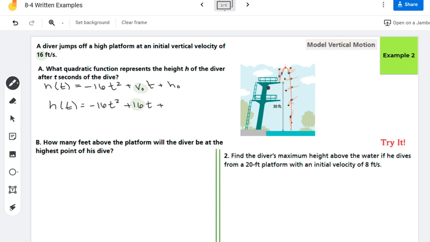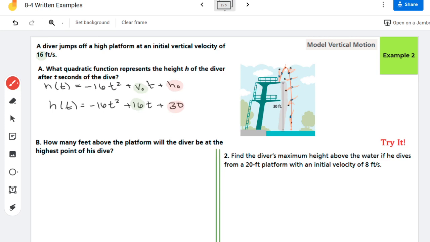So this is where I'm relying on their image, their picture. You could see the height of the platform is 30 feet. So I'm adding the 30 here, and highlighting for clarity. So there is my expression.